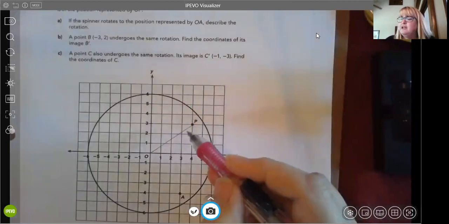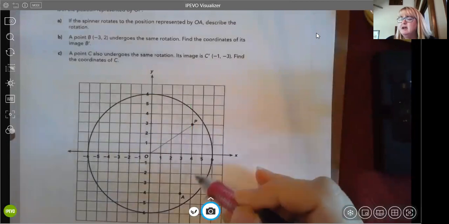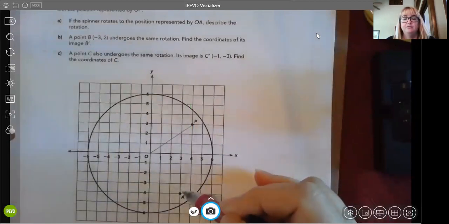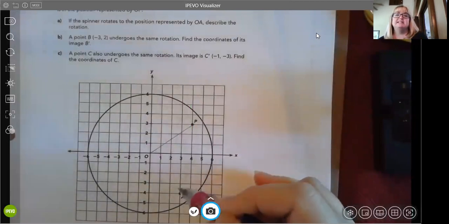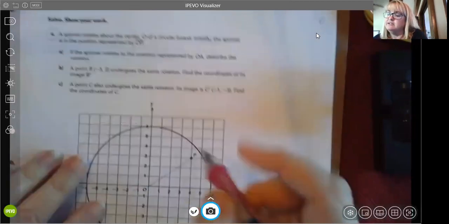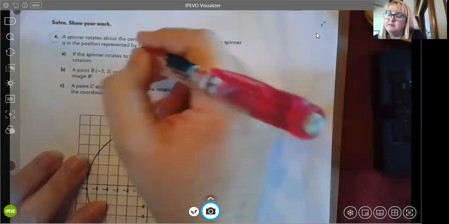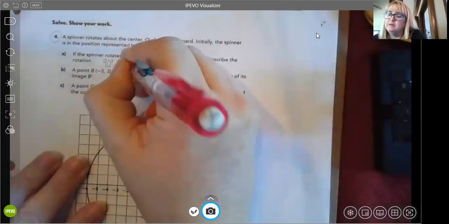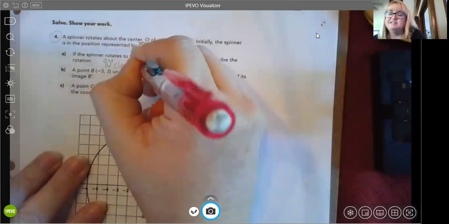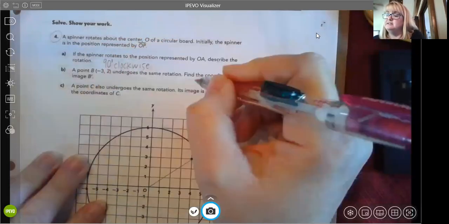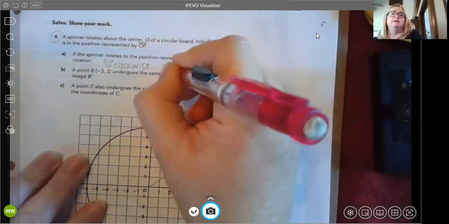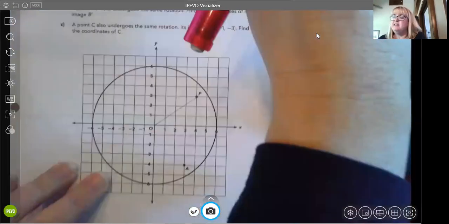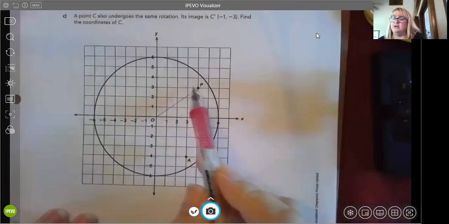So if you're moving clockwise, how many degrees did it move? Well, it moved 1 quadrant, so that's 90 degrees clockwise. So I'm going to write 90 degrees clockwise. But there's another answer for this, and that is if we're moving counterclockwise.